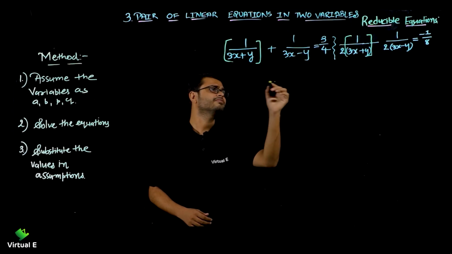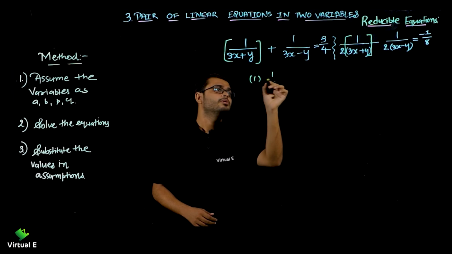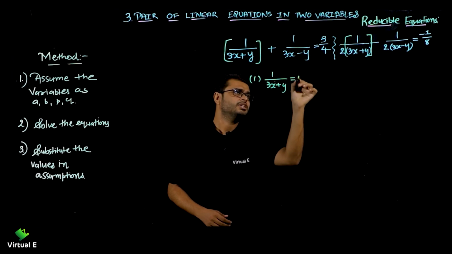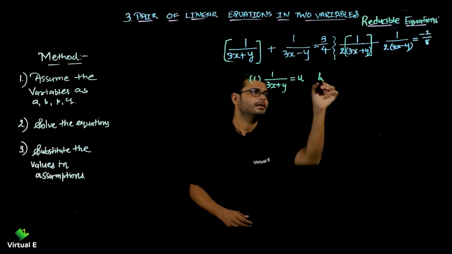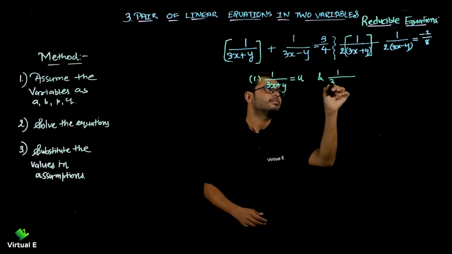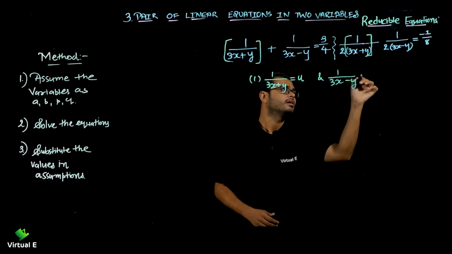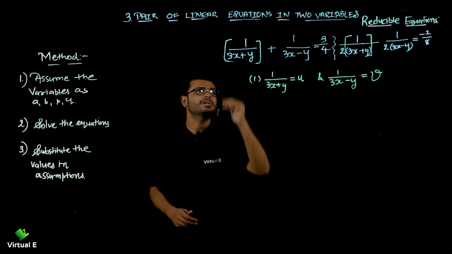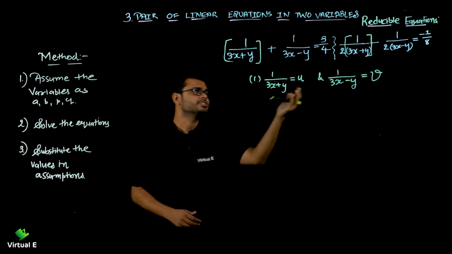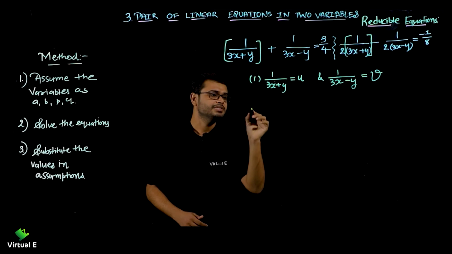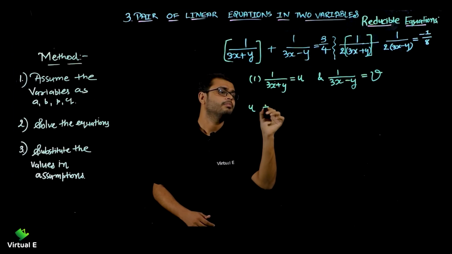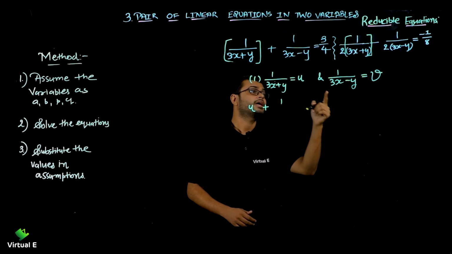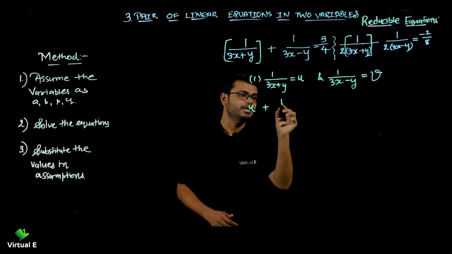So let's start with the first step. So 1 over 3x plus y is equal to u, and 1 over 3x minus y is equal to v, right? So let's replace it. 1 over 3x plus y I am going to write as u, plus 1 over 3x minus y I am going to write as v.